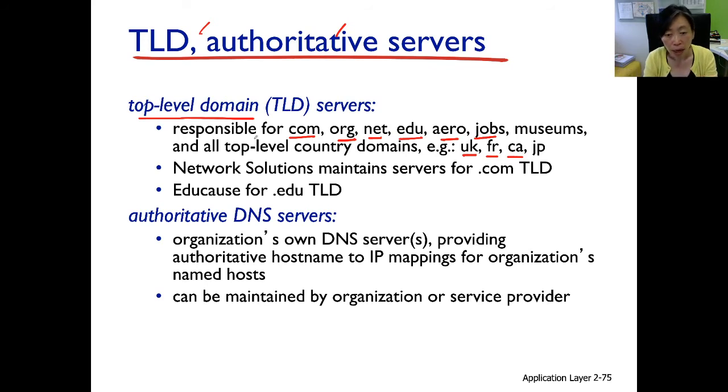Right? And each of these TLD servers is maintained by some sort of organization of public interest. Some people call them NGOs. So for example, Network Solutions maintains the servers for the .com TLD server, and EduCause for the .edu TLD.